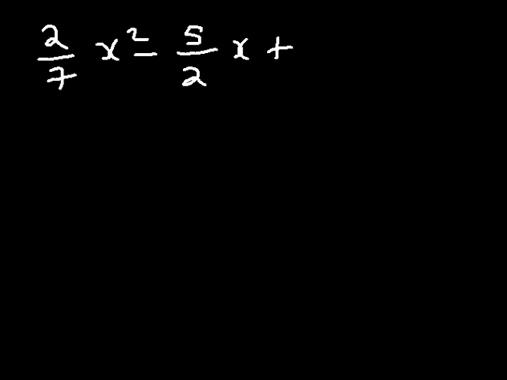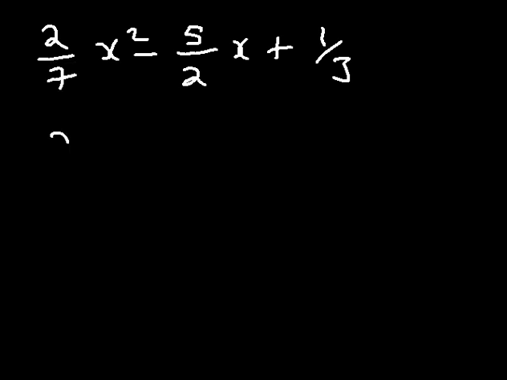And how about, let's say we have this. Let's say we have 2 over 7 x squared minus 5 over 2 x plus 1 over 3. Now how should you complete the square of this expression? First thing, we may think of eliminating all the denominators. So we'll multiply everything by 7.